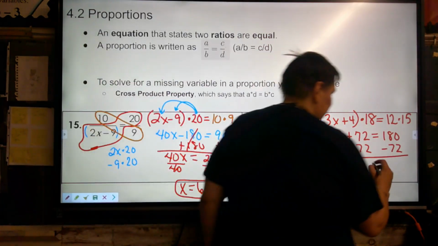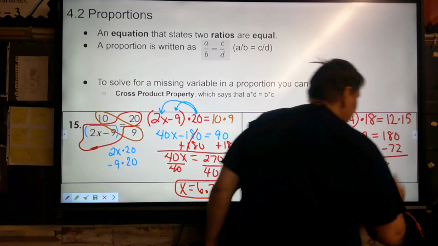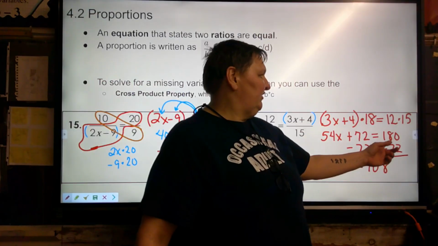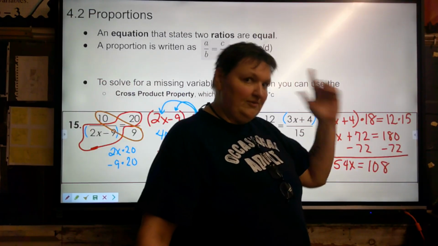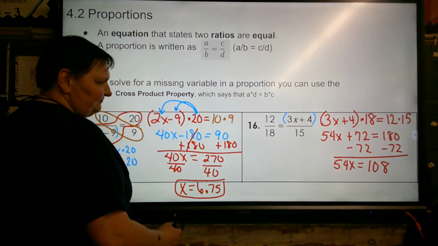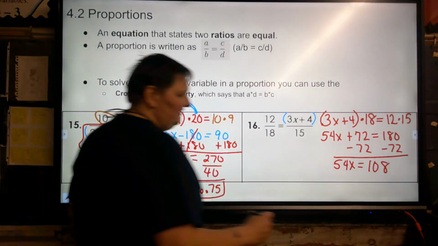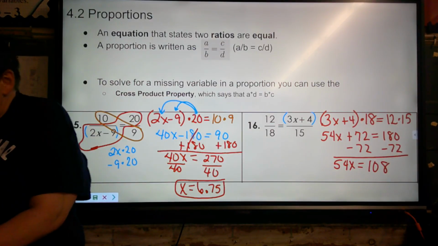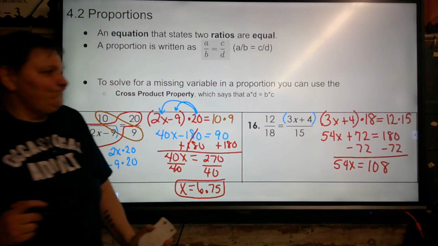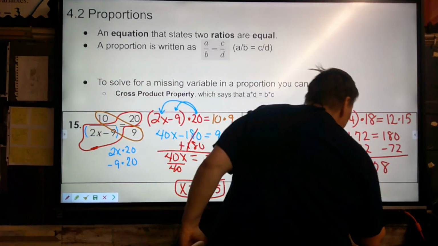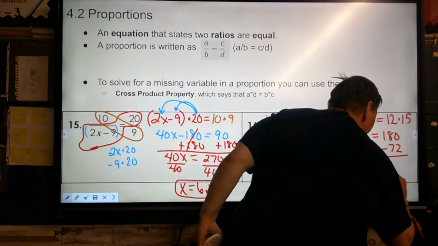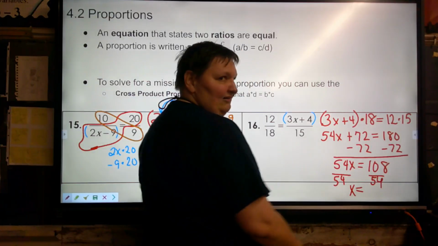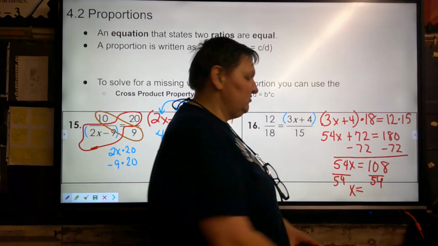That makes much more sense. I said 71 and then I added 72 and 71 and that did not give me 180. I knew something was wrong. Divide both sides by 54. 54 is half of 108, so it's going to be 2.